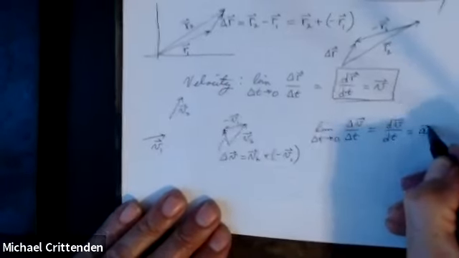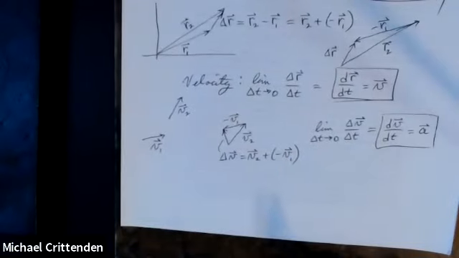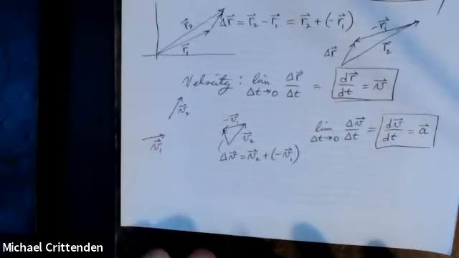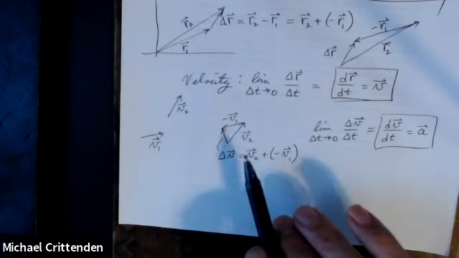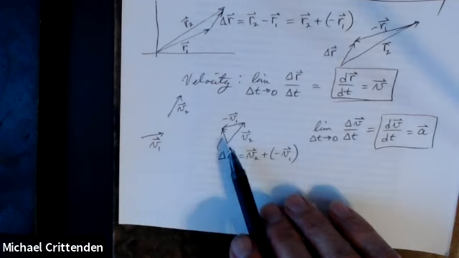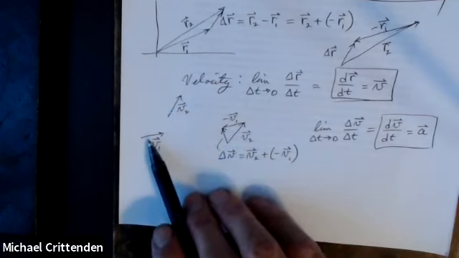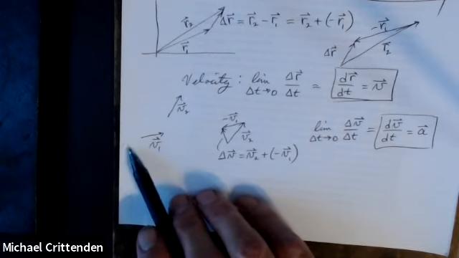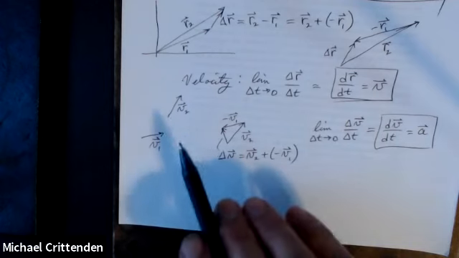And let me point something out that will be significant in a week or two. Notice that I drew this so that this arrow was a little bit longer than that one. Firefly picked up a little speed as it was flying along.